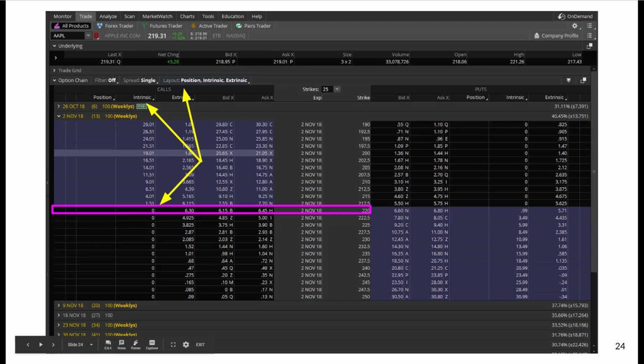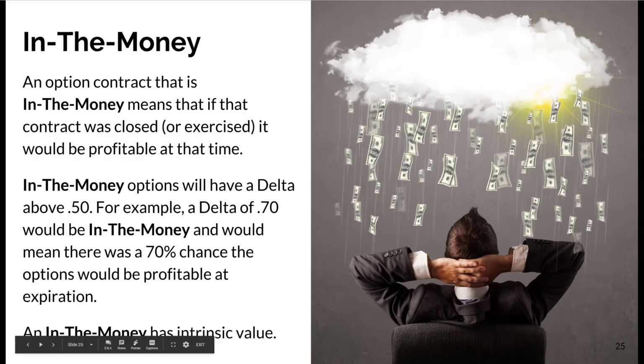So the next term is in the money. We've touched on this already a little bit, so it should be pretty easy to grasp at this point. An in the money option means that if the contract was closed or exercised, it would be profitable at that time. An in the money option will have a delta of above 50. For example, a delta of 70 would be in the money. It would mean there was a 70% chance the option would be profitable at expiration.